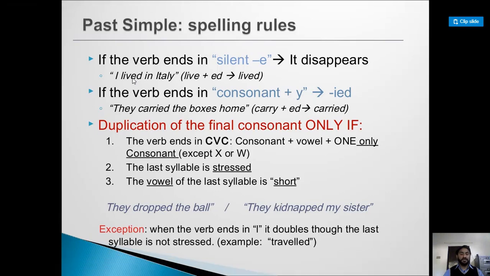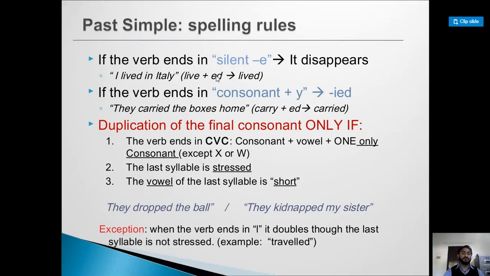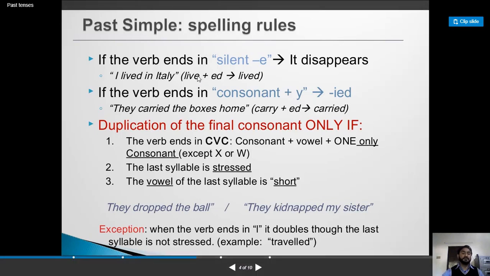Here, you should not add another e, you just use a single d. So this e should be eliminated from the word. I lived in Italy. Here you can see the ed; the e should be dropped.